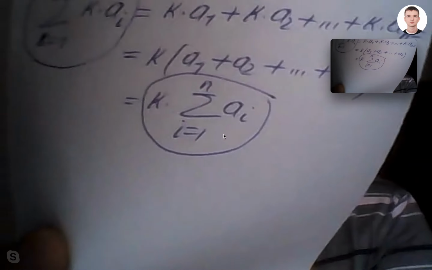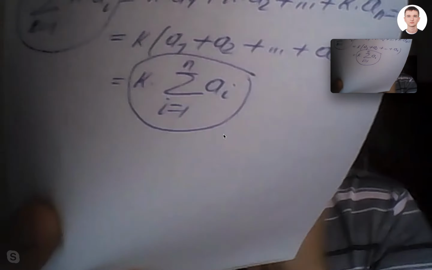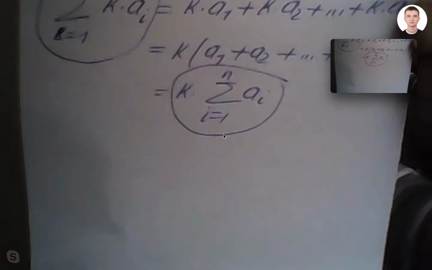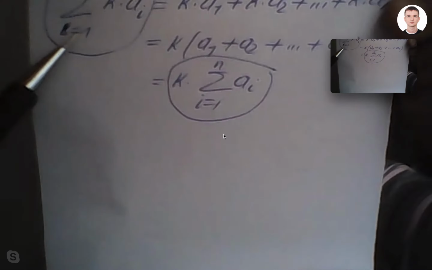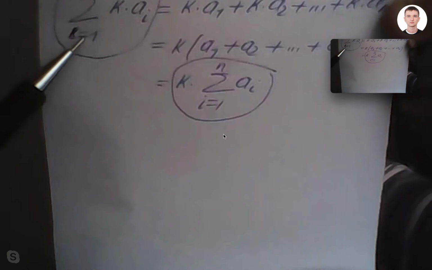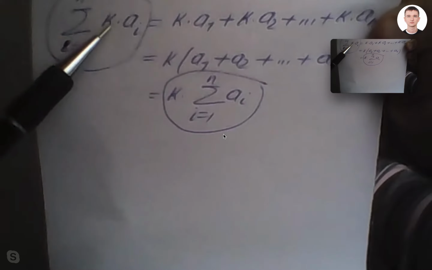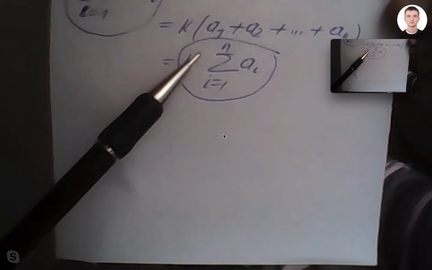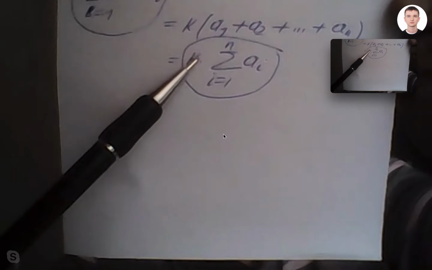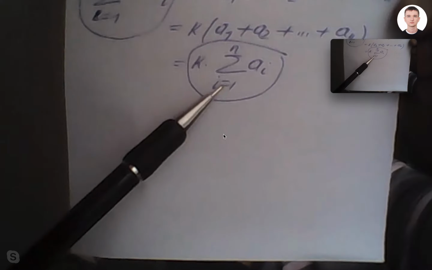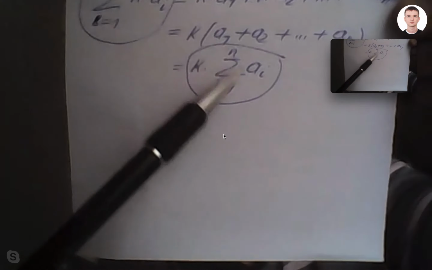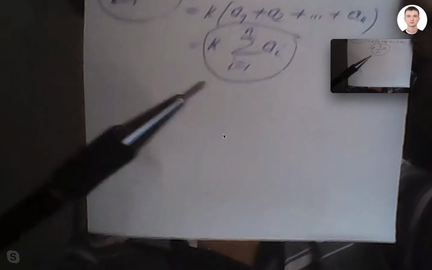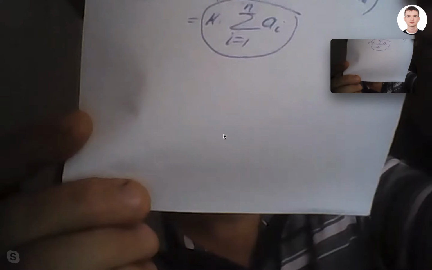We started from the sum from i equals 1 to n of k times ai, and we arrived at k times the sum from i equals 1 to n of ai, which is the same.